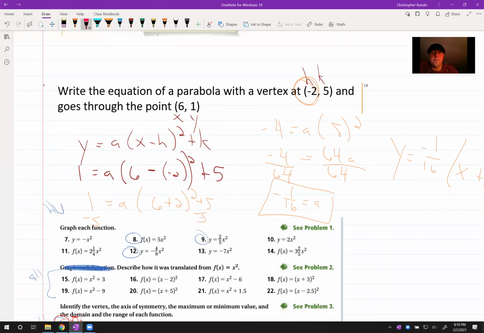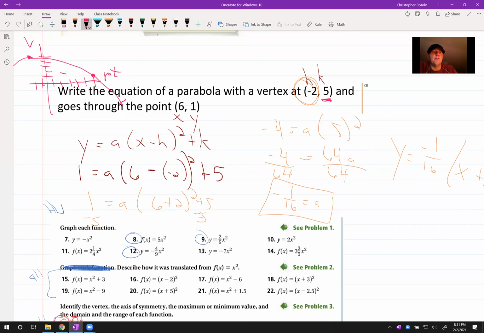We're going from a y value of 5, 1, 2, 3, 4, 5. Let me make a little bit of a visual. It is at (-2, 5), and we're going to go to (6, 1): 1, 2, 3, 4, 5, 6, 1. Okay, so if this is the vertex and this is the point, should a be negative? Most definitely.